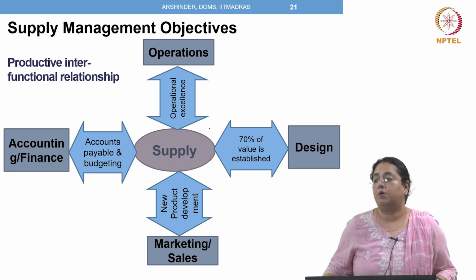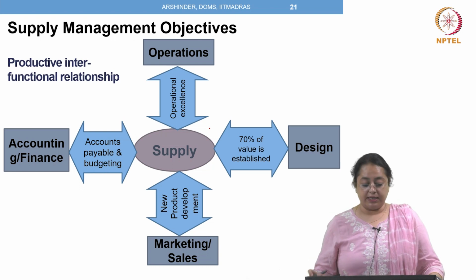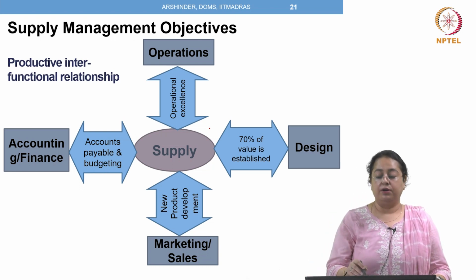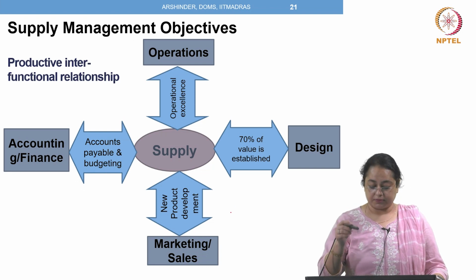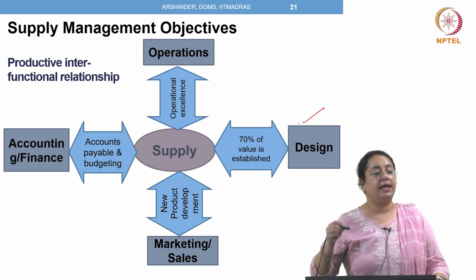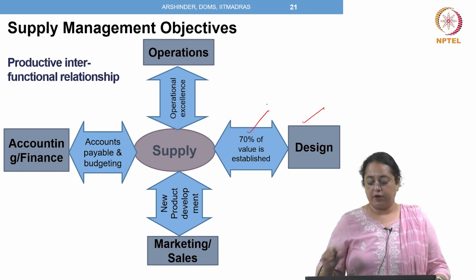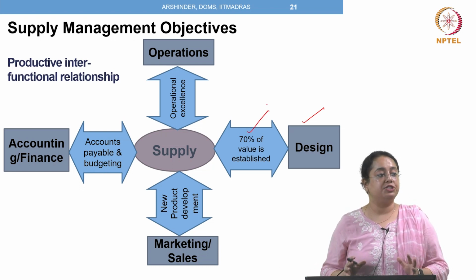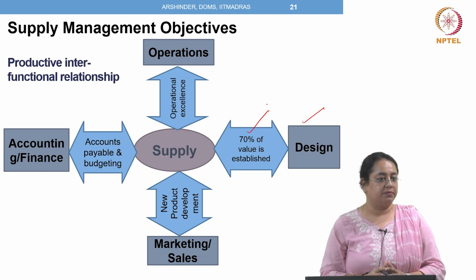And a very important aspect is, right, supply management must understand the role of inter-functional relationships. When we say design, one should say that when you build any product, any software, 70% of the value which is established during design is contributed by supplied parts, products or raw materials, right.